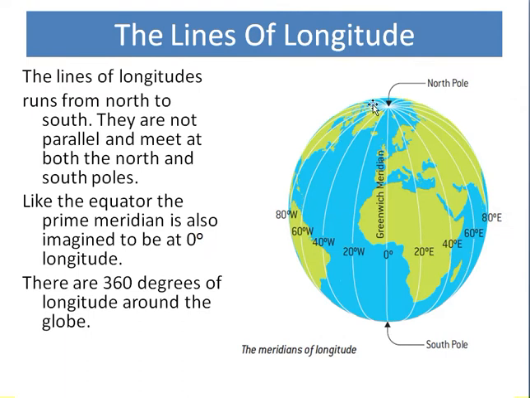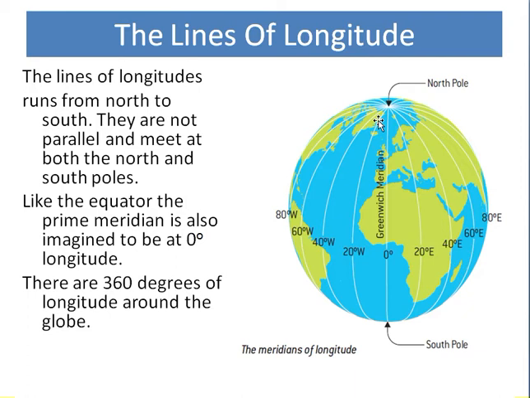The lines of longitude. Now see, the lines of longitude run from north to south. Okay, they are not parallel. You can see here the distance is more than the distances here near the poles.